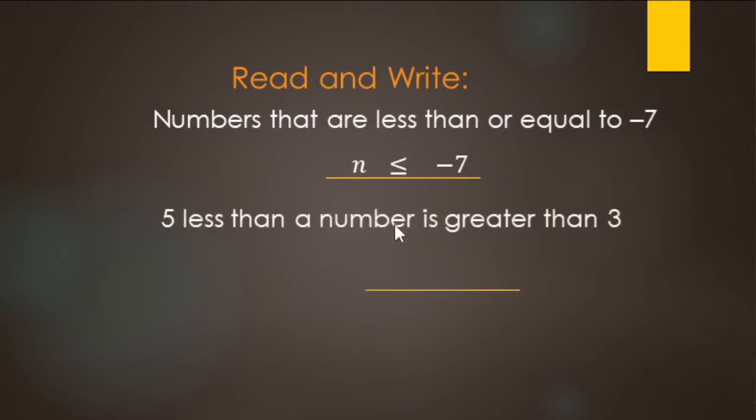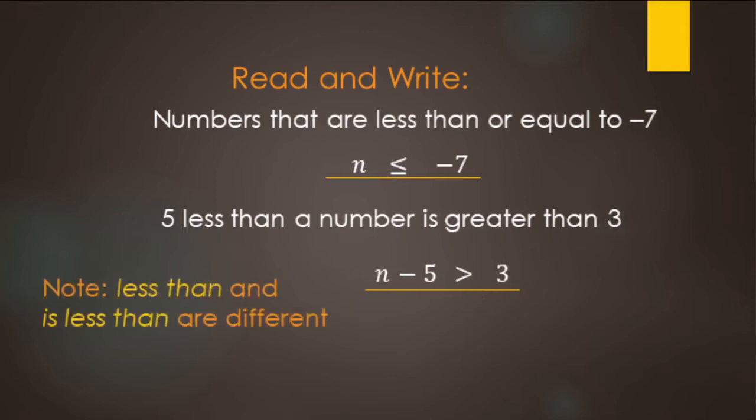5 less than a number is greater than 3. 5 less than, what does that mean? It means subtract 5. 5 subtracted from a number, we'll use n for a placeholder for whatever that number might be, is greater than, is going to be this symbol here, then 3 goes there. So this one here is kind of some tricky wording.